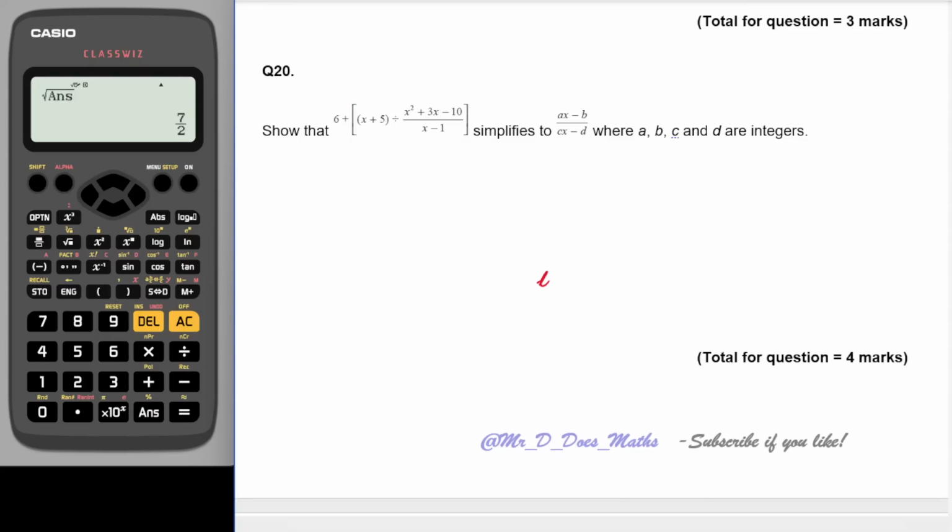So break it down into steps. So 6 plus x plus 5 divided by, and then if we factorise the top line, two brackets starting with x, two numbers that multiply together to make minus 10 and add together to make 3 are going to be 5 and minus 2.